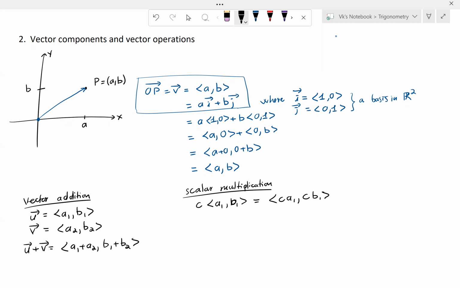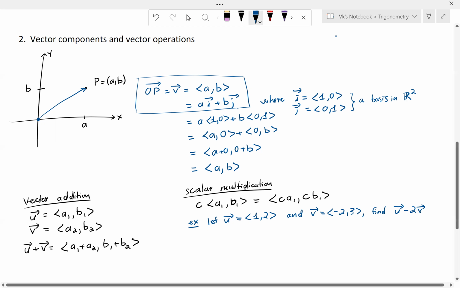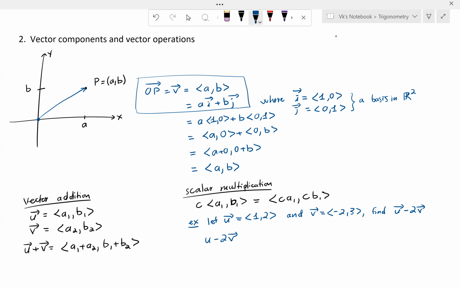Here comes an example. Let U be (1, 2) and V be (-2, 3). Find U minus 2V. U minus 2V is (1, 2) minus 2 times (-2, 3).